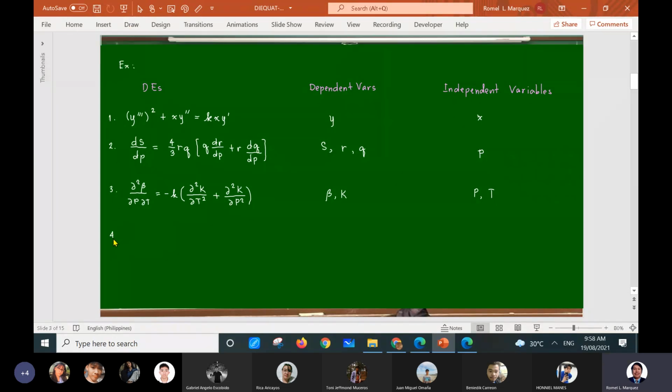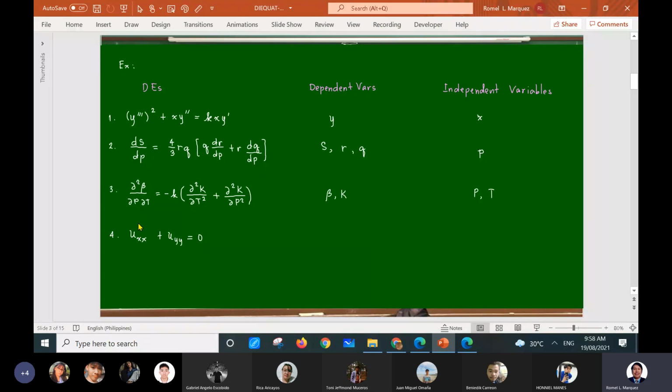Let's have number 4. What about this number 4? We have U with double subscript X and then plus U with double subscript Y is equal to 0. Now, in differential calculus, you learn that partial derivatives can also be expressed in terms of subscripted notation, no?